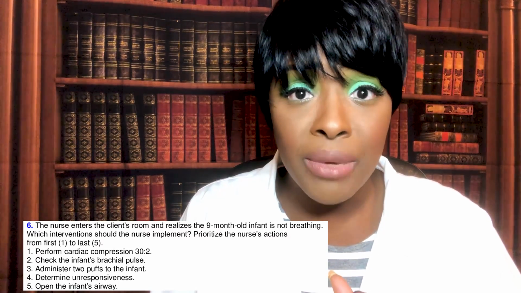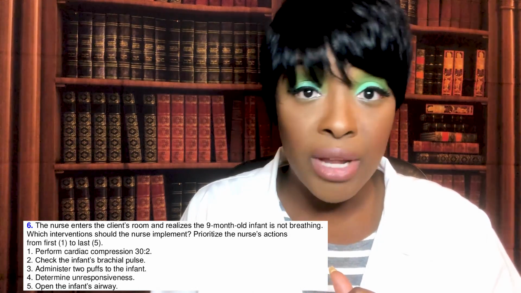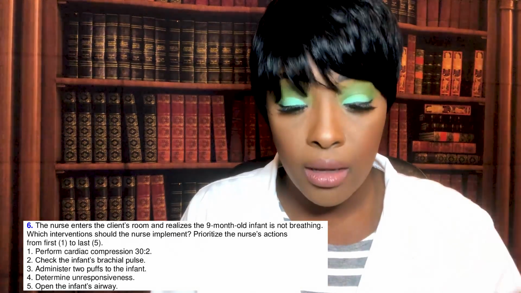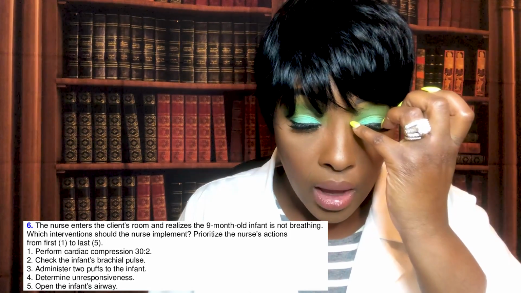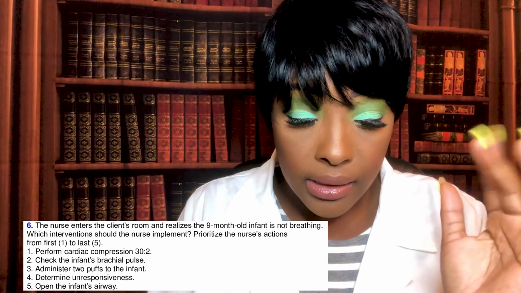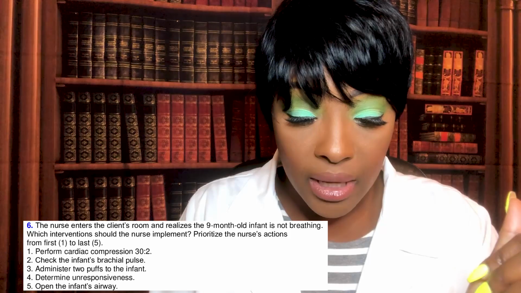We want to see if their heartbeat is beating. And if we have no pulse, that means the heart's not beating. What are we going to do last? Compressions, okay? So your order is number 4, then number 5, then number 3, then number 2, then number 1.